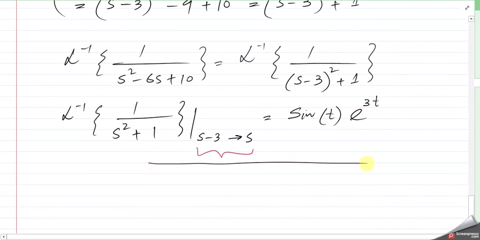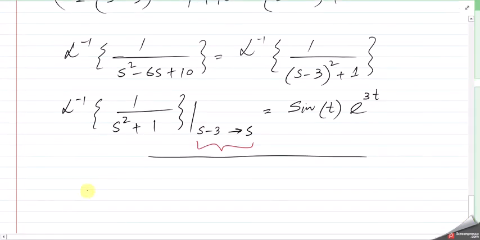So the key in this type of question, let's look at this again. When you get Laplace inverse of 1 over s square plus as plus b, something like this.